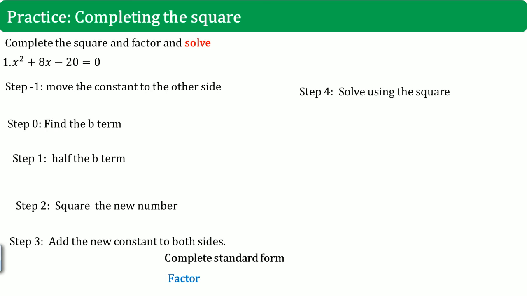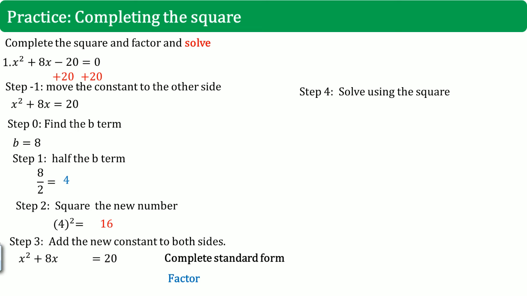Step 1, you want to move the constant over to the other side so we can complete the square. The opposite of -20 is adding 20 to both sides. You get x squared plus 8x is equal to 20. The b term is 8. 8 divided by 2 gets you 4. 4 squared gets you 16. So the new constant that we're adding to both sides would be your 16.